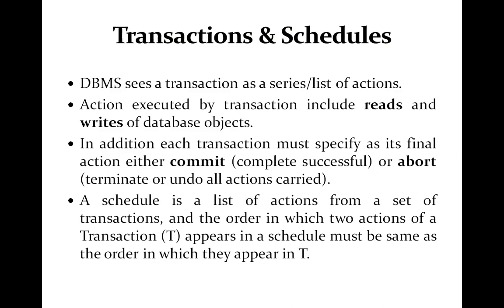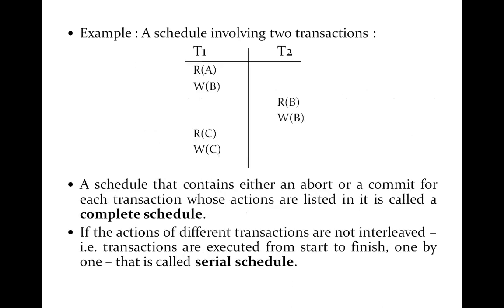Now, if you take an example, suppose we have two transactions, T1 and T2, and we move forward in time as we go down from one row to the next. I'm going to emphasize how the schedule describes the actions of the transactions as seen by the database management system.